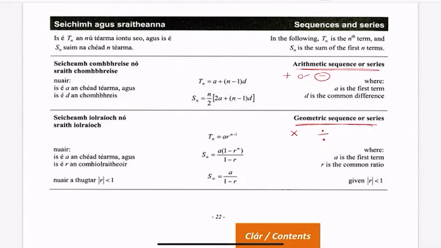Now a geometric sequence is the same, it's just different formulas. Tn gives me the nth term in a geometric sequence, Sn gives me the sum of the first n terms, and there's an S infinity, which won't bother you. So you can see two formulas depending on the sequence.